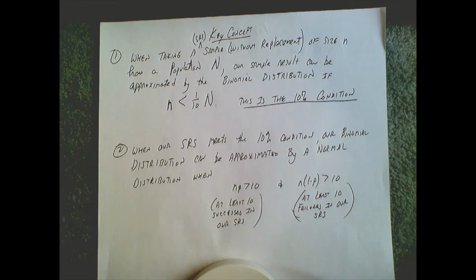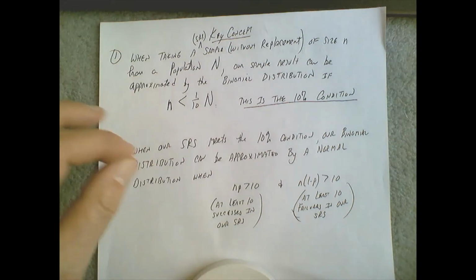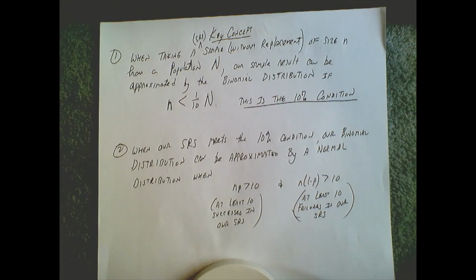If we meet that condition, we've moved to a binomial distribution with the 10% rule. We will find that the large counts condition will allow us to take our binomial distribution and model it with a normal distribution. And that's what we're going to work through just as we wrap up the last couple minutes of this video.